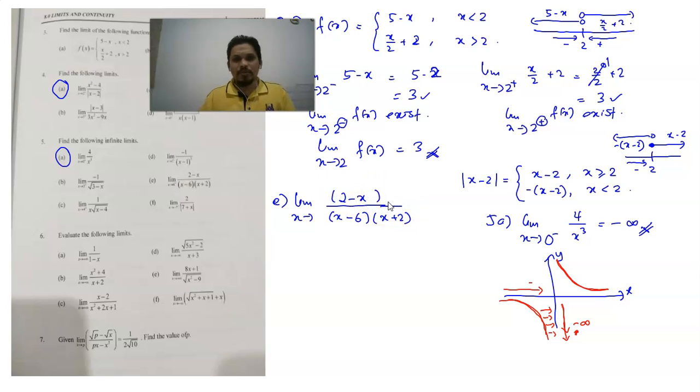For this question, x is approaching 6 from the left.